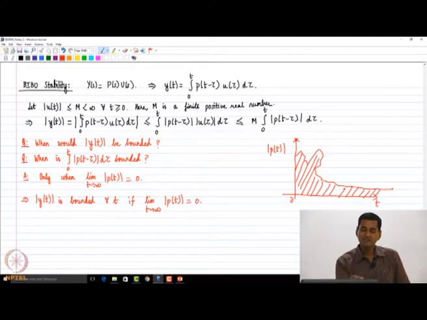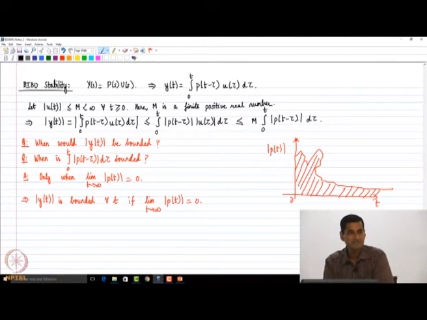So this is a sufficient condition for BIBO stability. It says that if you give me the impulse response, and it decays to 0 as time t tends to infinity, then my system is BIBO stable.